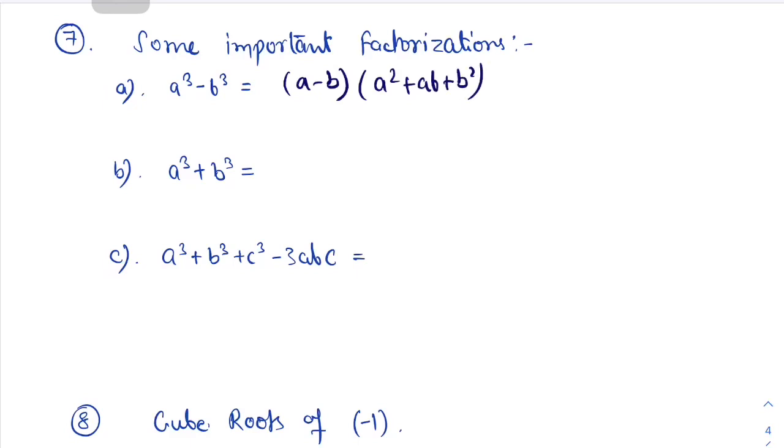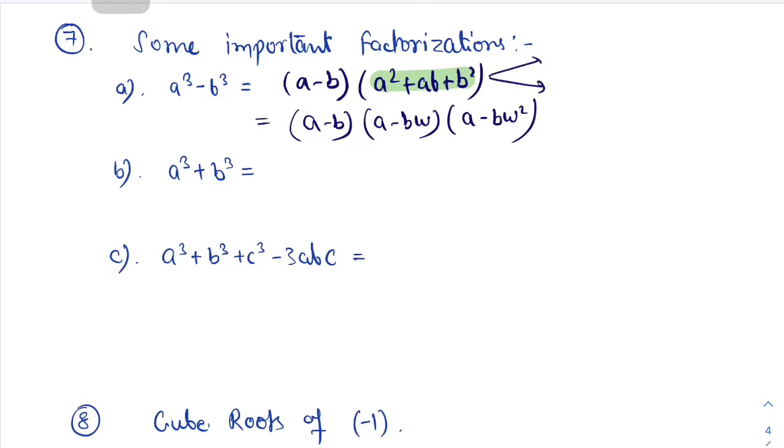But this factor we can now further factorize: a cube minus b cube is a minus b into a minus b omega into a minus b omega square. If we are required to factorize this quadratic factor into two linear factors, we can factorize it as a minus b omega into a minus b omega square.